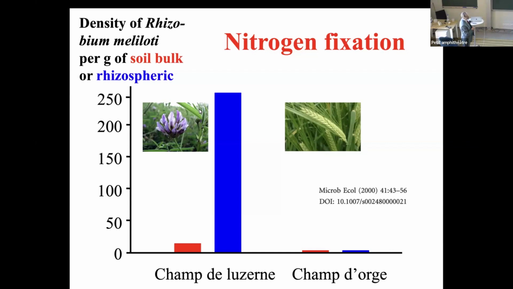If you look at the rhizobia, the nitrogen-fixing bacteria associated with clover, vetch, alfalfa, you can see that in the rhizosphere there is a lot of those nitrogen-fixing bacteria released from the root, but they're also in bulk soil, whereas if you sow barley, they are hardly in the soil. So we've been handling the microbes since millennia by handling the plants that associate with microbes.